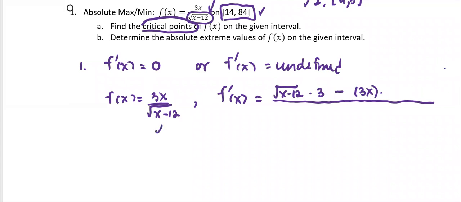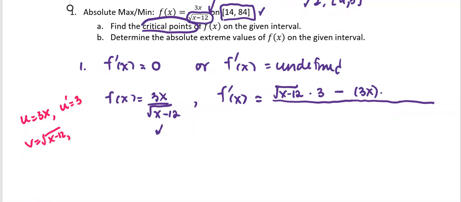For our convenience, let's make it systematic. I prefer u and v. Here u is 3x, v is the square root of x minus 12. I like to keep everything on the side in case I have to verify the numbers. So u prime, we know that's 3.